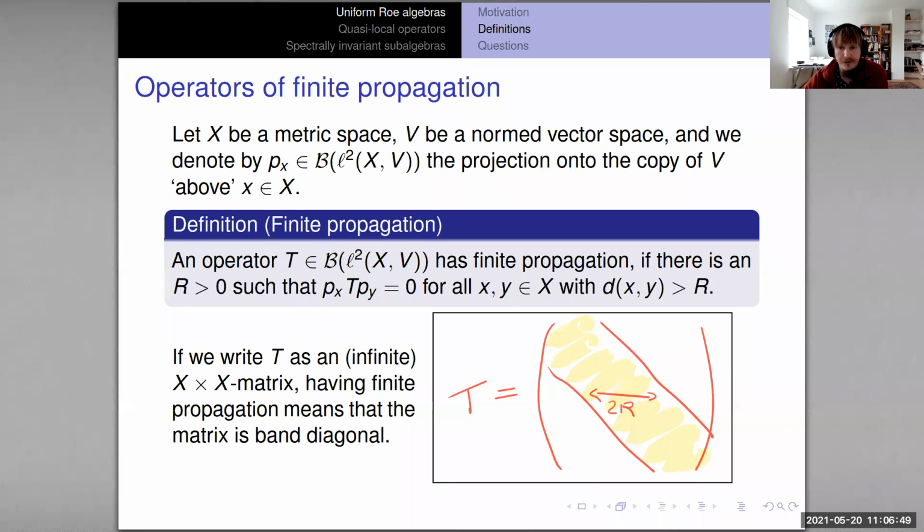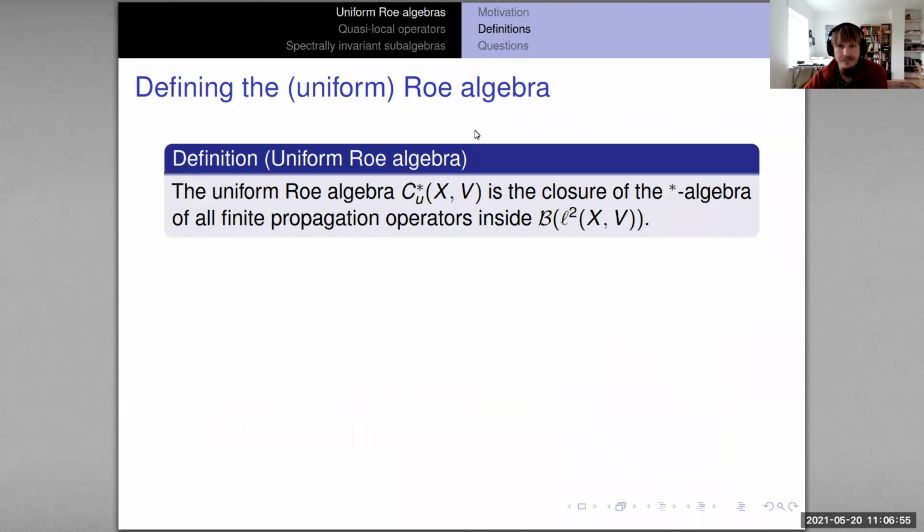And now what we want to do is just to put all these operators together into one gadget, namely a C-star algebra. So we just define the uniform Roe algebra to be the closure of all finite propagation operators.